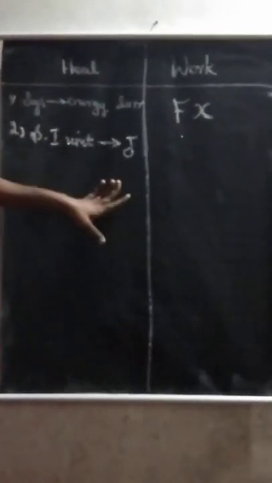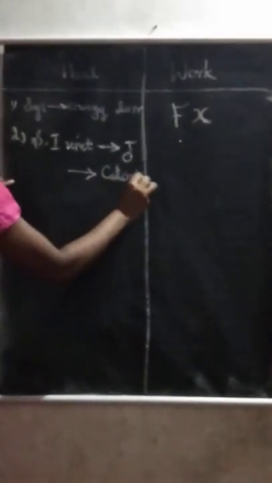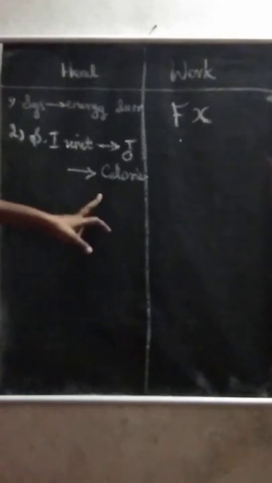Unit of heat. The SI unit of heat is joule. Generally, heat is measured in calories. Understand?